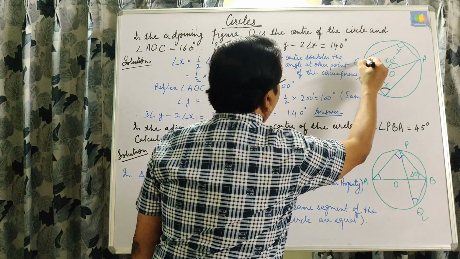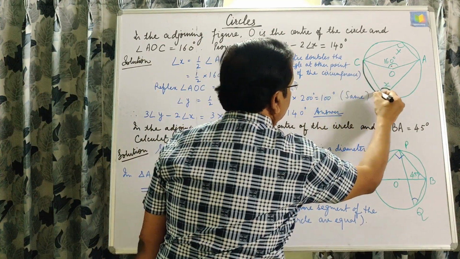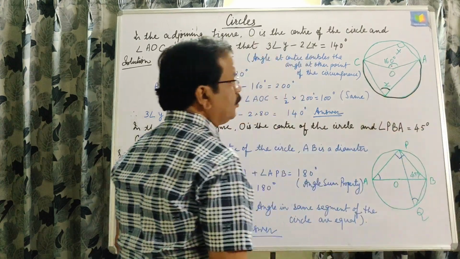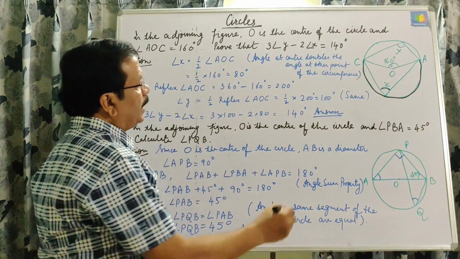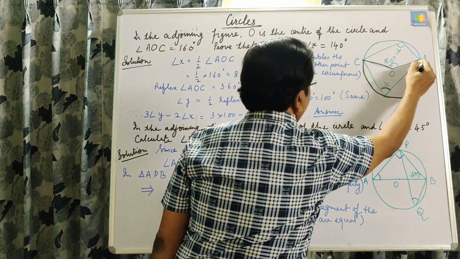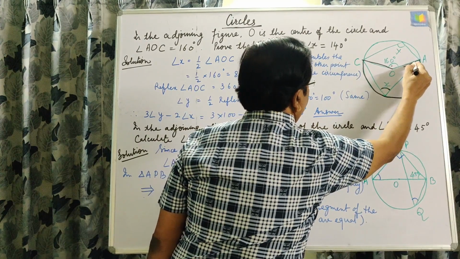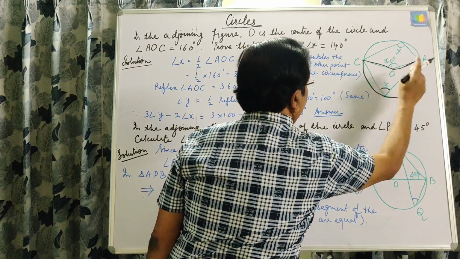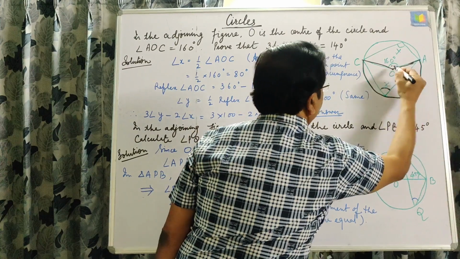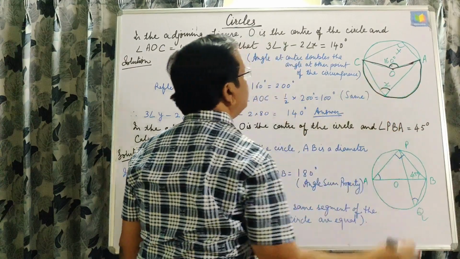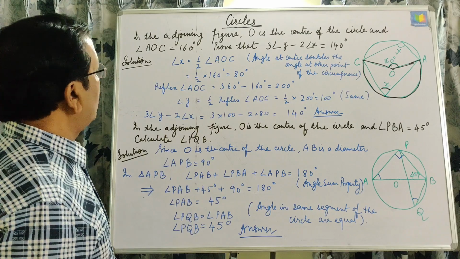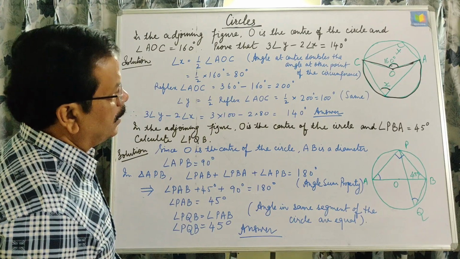If we select this arc, then what is the theorem? The angle subtended by any arc at the center doubles the angle subtended at any other point of the circumference of the circle.